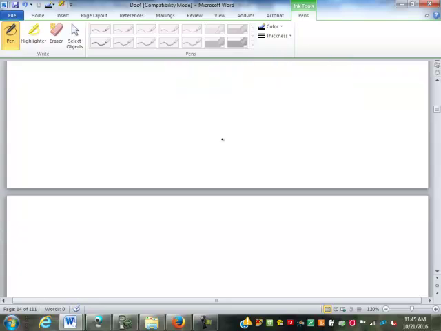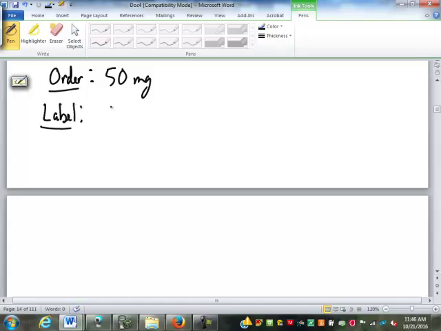Let's take a look at another example, a little bit different situation. Let's say that the doctor orders 50 milligrams of medication. The label on the bottle says 5 milligrams and 2 milliliters.